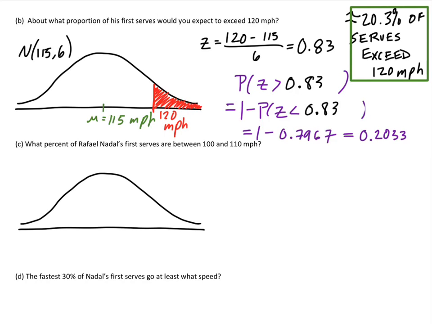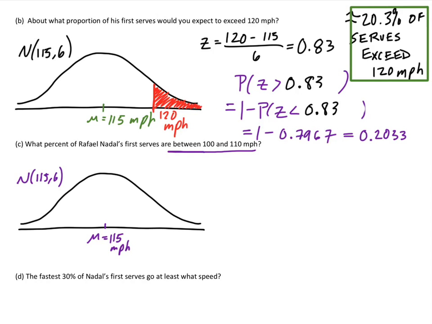So this curve is the same one, normal, 115, 6. The mean's right in the middle. So how about the proportion of serves in that little interval there, between 100 and 110? So both of those are less than the mean, right?